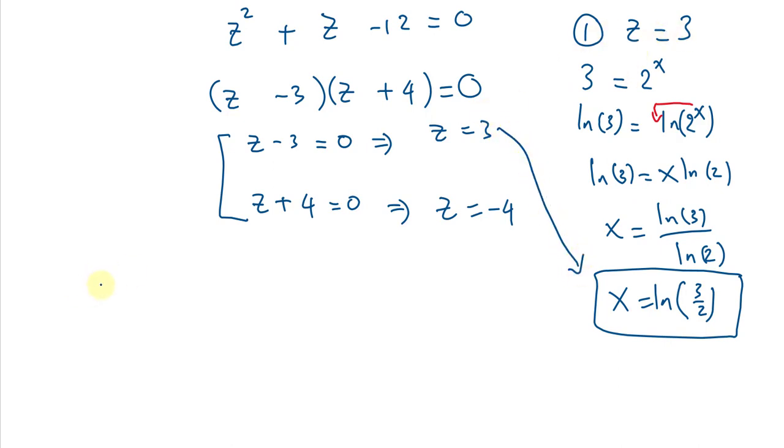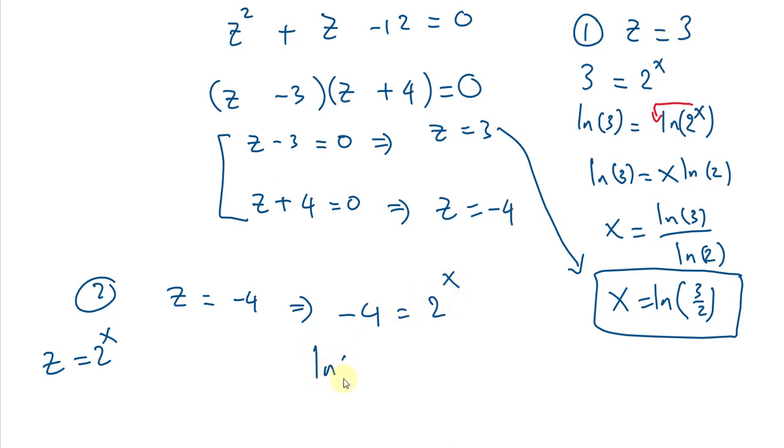Now the second case, when z equals minus 4. We know that we let z be 2 to the x power, and z now is minus 4. That means minus 4 equals 2 to the x. To solve for x again, we take ln on both sides.